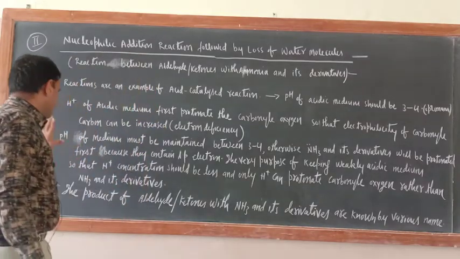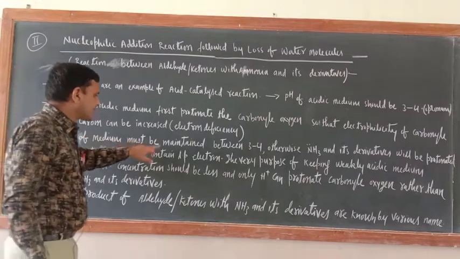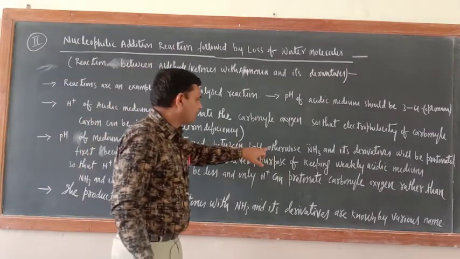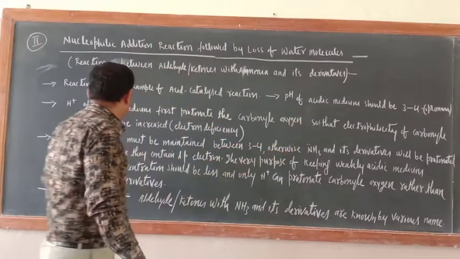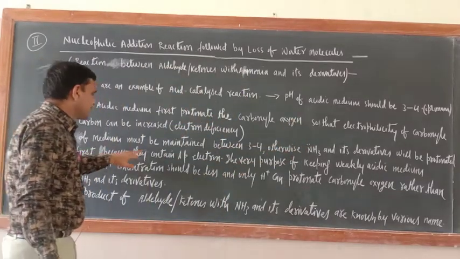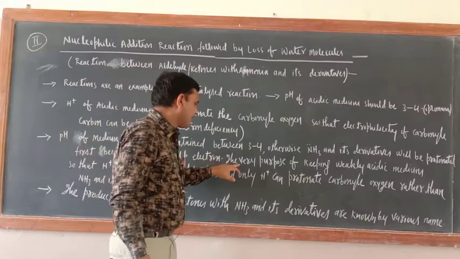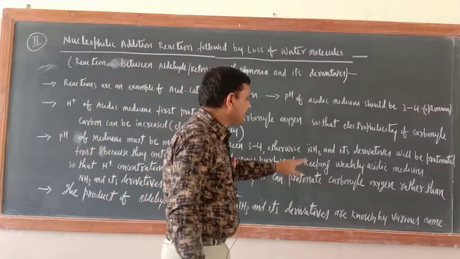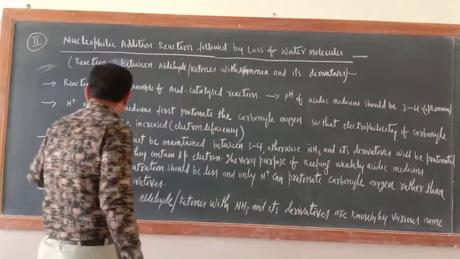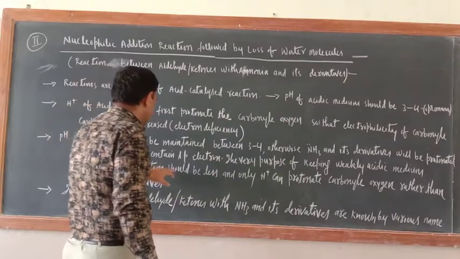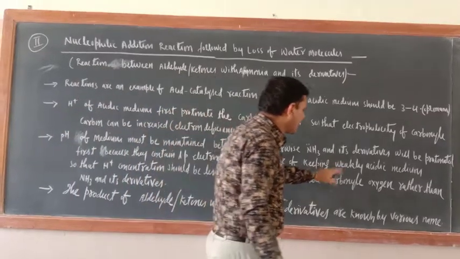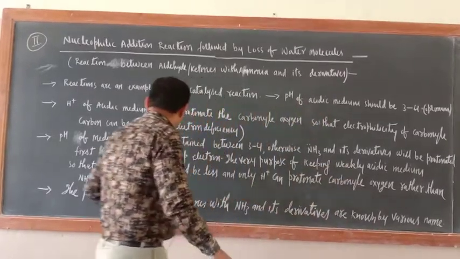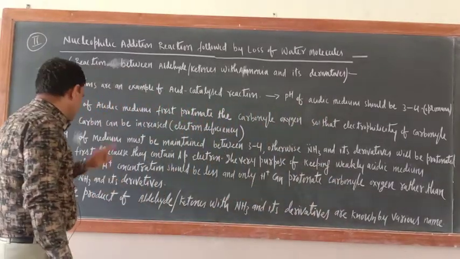Now just see, the pH of the medium must be maintained between 3 to 4, otherwise NH3 and its derivatives will be protonated first because they contain a lone pair of electrons. The very purpose of keeping a weakly acidic medium is so that the H positive concentration is low and only H positive can protonate the carbonyl oxygen rather than NH3 and its derivatives.